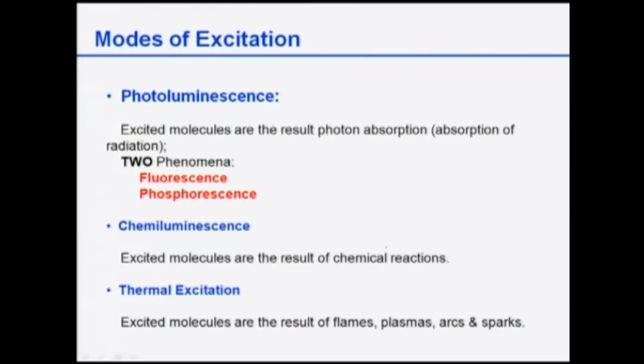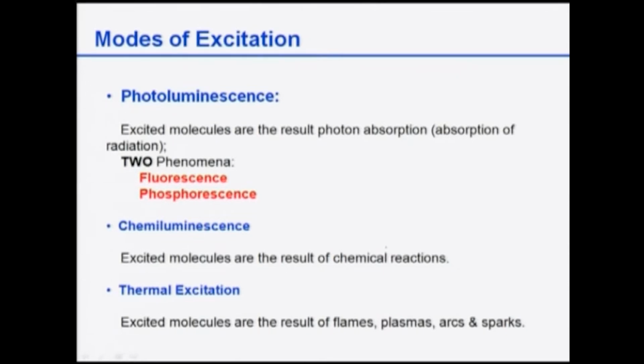Well, after knowing photoluminescence, there will obviously be different modes of excitation. That means you can excite the molecule or electrons from the ground state to higher energy states or excited states by different ways and means. First one is photoluminescence, which is the subject matter of this class today.